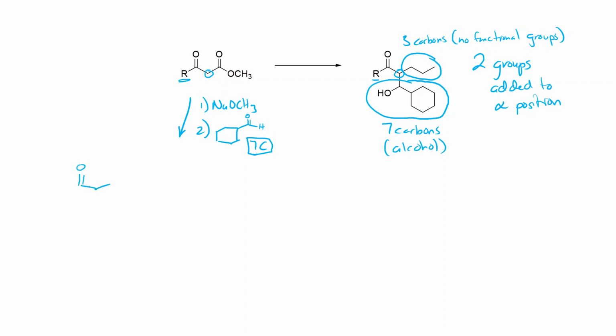I guess I could draw that. When that adds to the aldehyde, right, we break that pi bond and we get this. So this was the mechanism, again, that was on problem set 5.